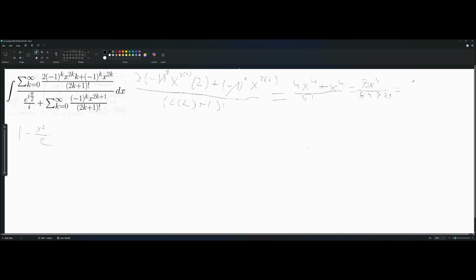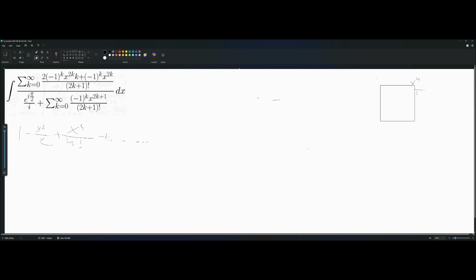This 5 will cancel out, and we just get x to the fourth over 4 factorial. This pattern will just go on and on. So let's put this series all the way up here: 1 minus x squared over 2 plus x to the fourth over 4 factorial, minus plus, on and on.